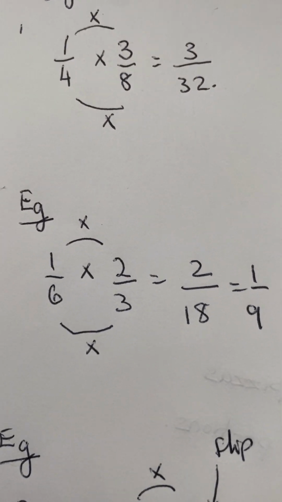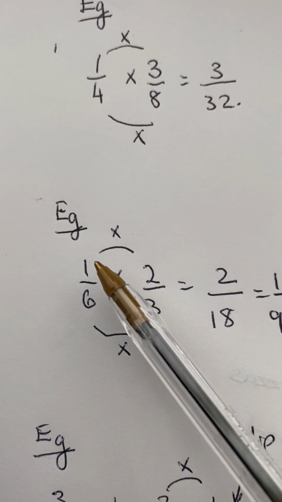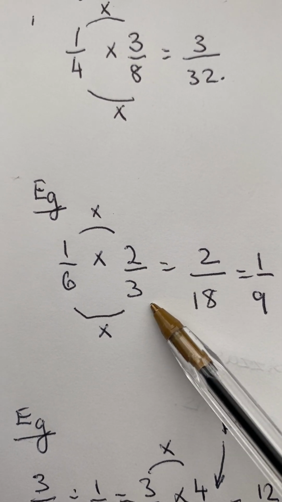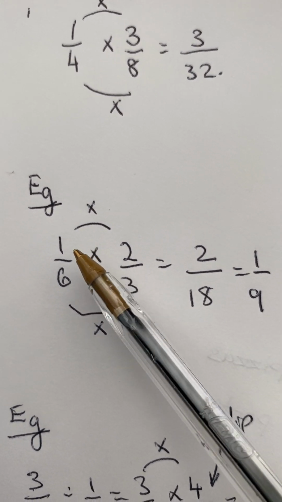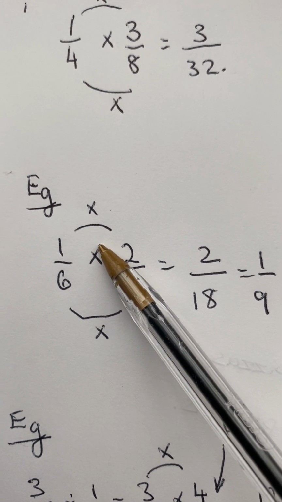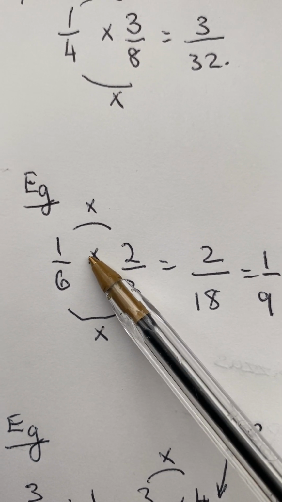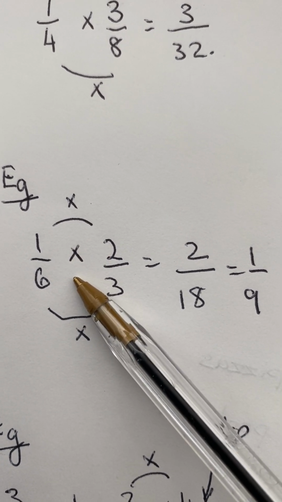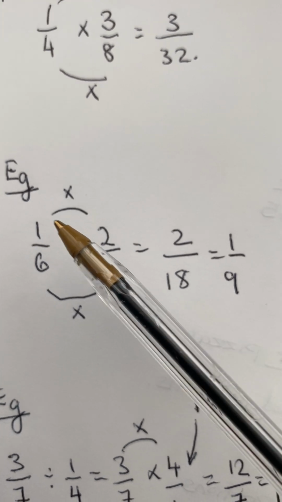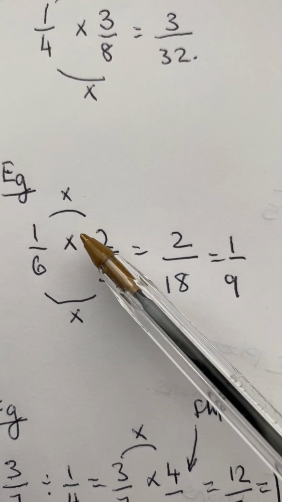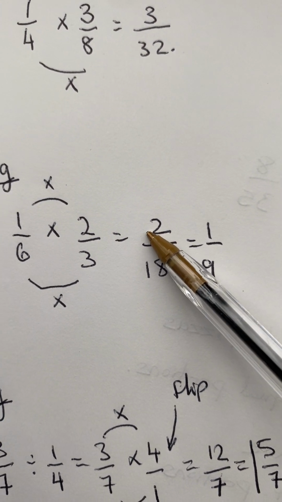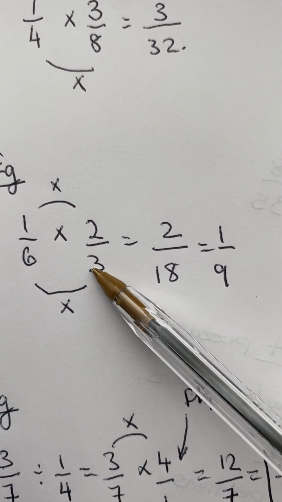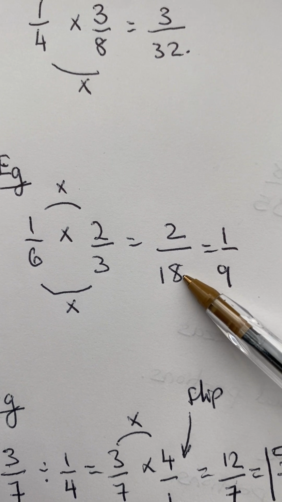Let's look at the third one. 1 over 6 times 2 over 3. So again, we are multiplying. We are not adding. We are not subtracting. And we are not dividing. Okay, so 1 times 2 is 2. 6 times 3 is 18.